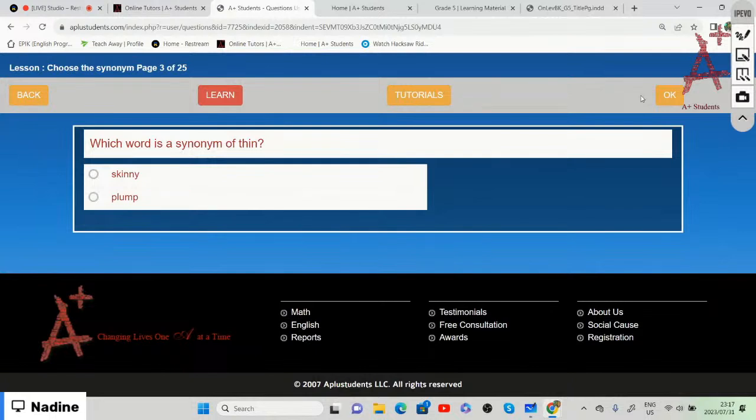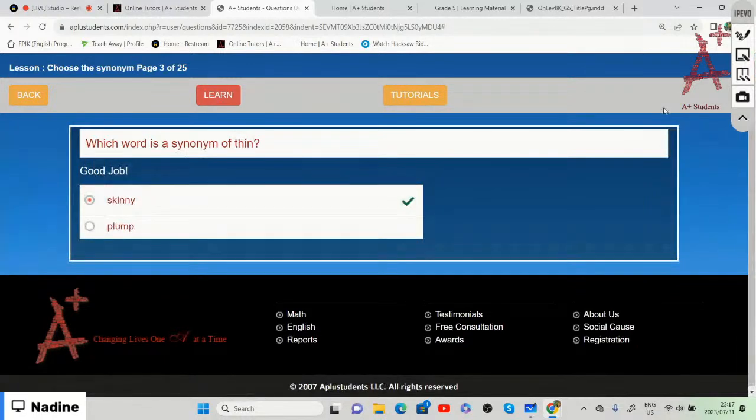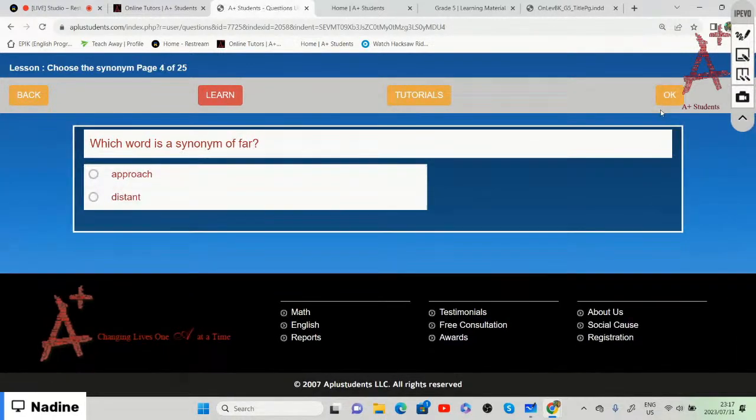All right, so if we were to choose a synonym, which is similar in meaning or almost the same as thin, then it is skinny, right? So you can either say you're skinny or you can say that I am thin, right?